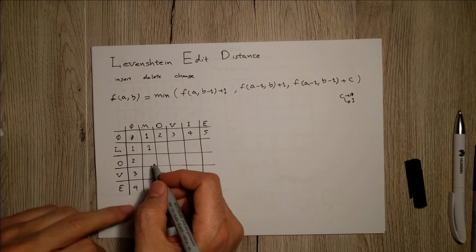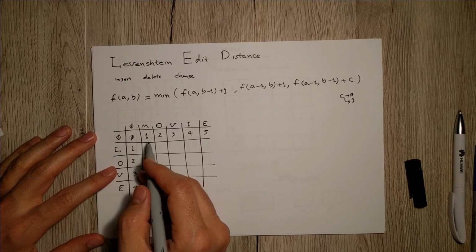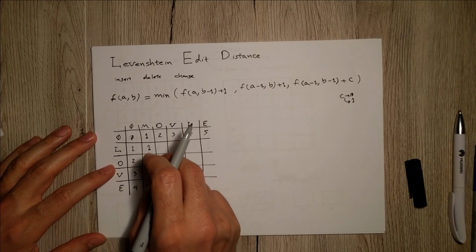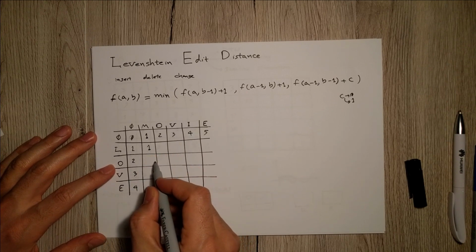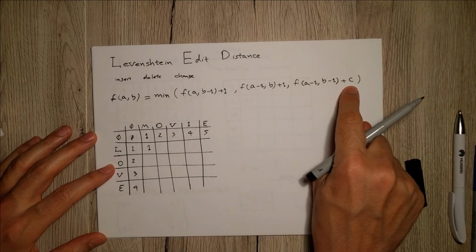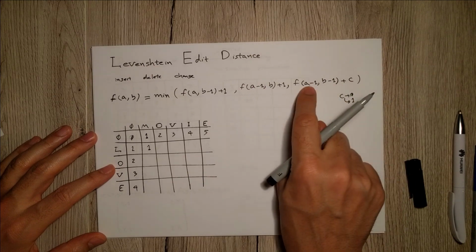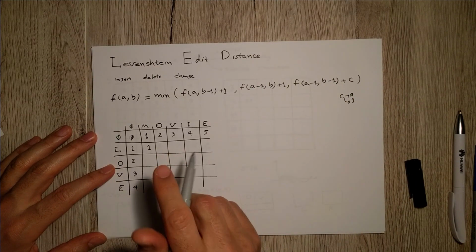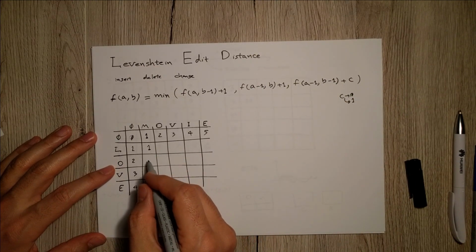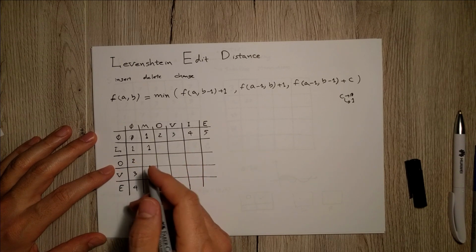Okay, sorry, I still have to fill out this part. To get the value for this part, I need the value for coming from here, which is basically substitution, or delete, or insert. So I need to know the answer of this part and this part.